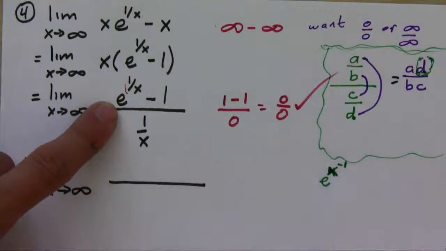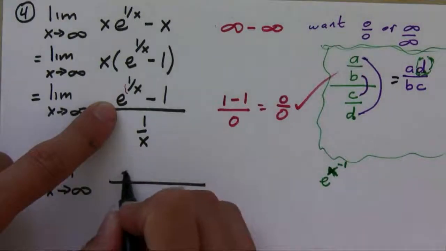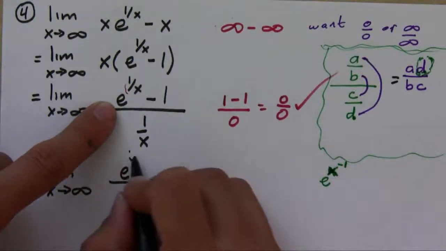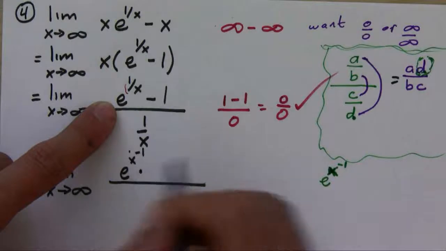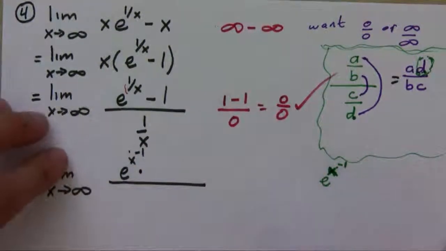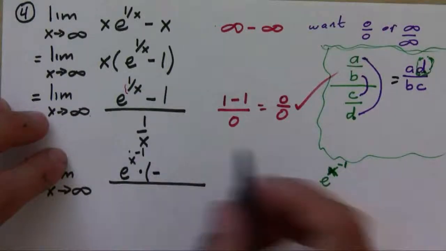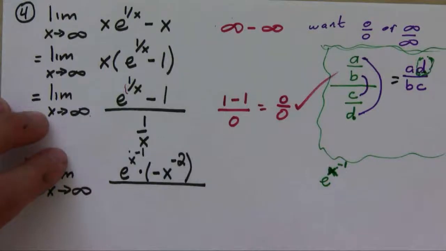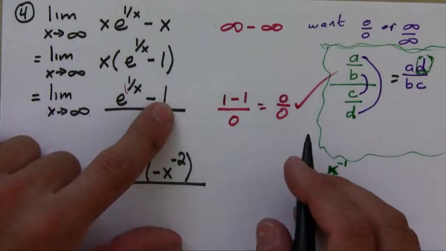So the derivative of this guy is itself, which is e to the x to the negative 1, times the derivative of x to the negative 1. Well, that's going to be negative x to the negative 2. Okay, and then the derivative of 1 is nothing.